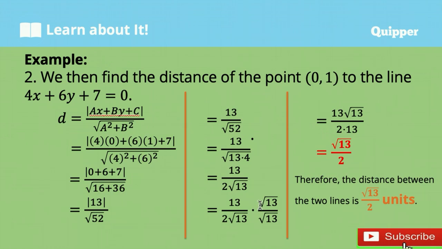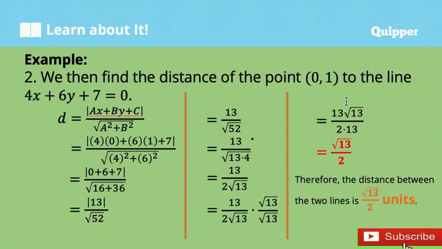Now, multiplying both numerator and denominator by the square root of 13 to rationalize, we have 13 times the square root of 13, which is 13 square root of 13. For the denominator, 2 square root of 13 times square root of 13, that is 2 times 13, or 26, hmm.